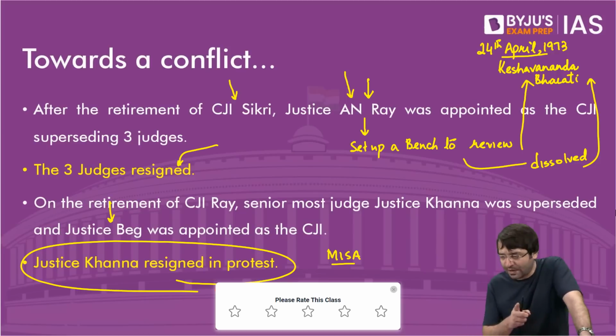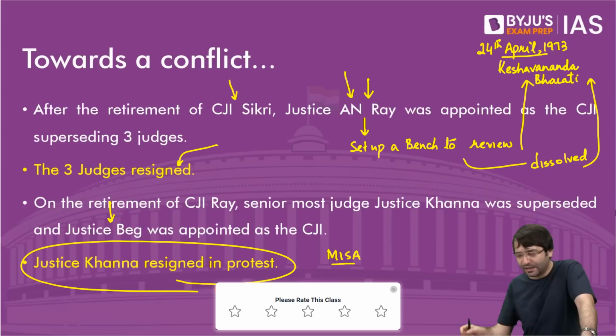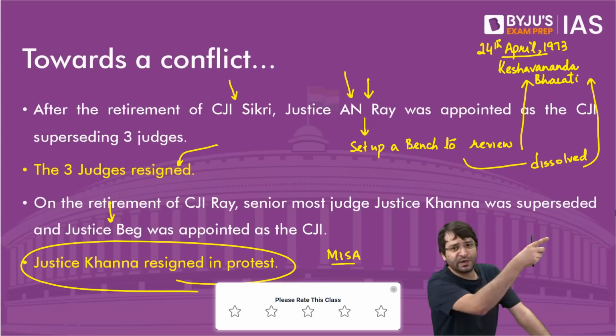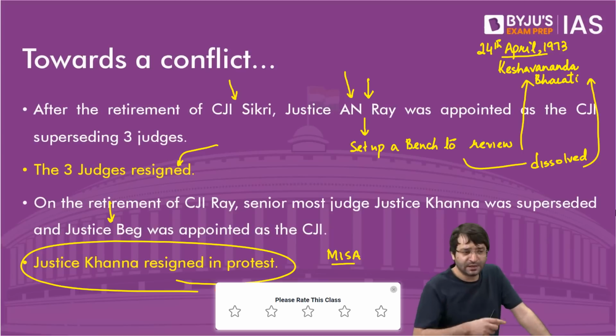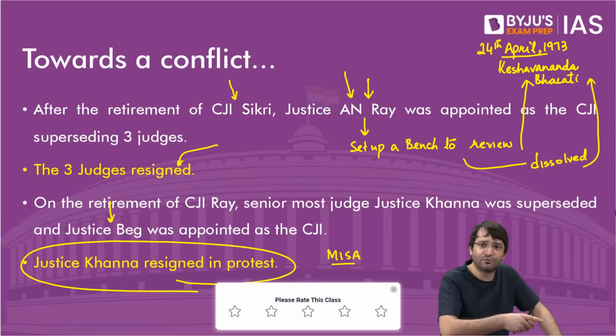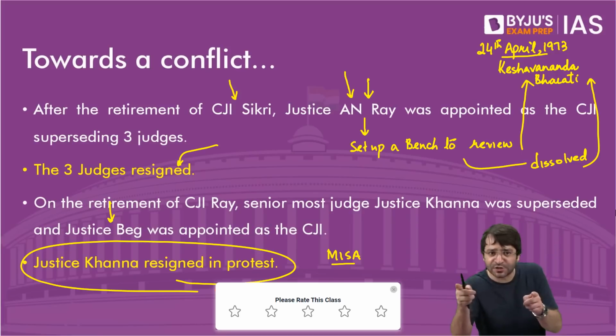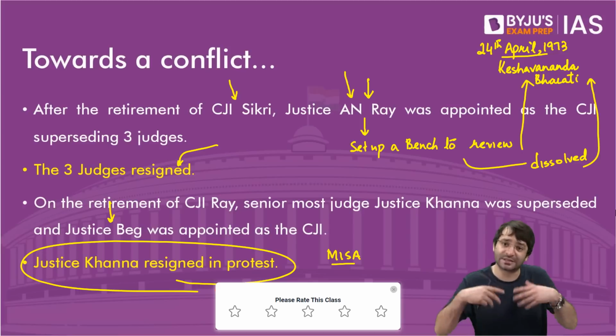What I will do, I will ask the ruling party at the center, can you please transfer that judge? That judge of the Allahabad High Court was shifted to Manipur High Court. That judge from the Calcutta High Court was shifted to Madras High Court. That means transferring of the judges from one High Court to another High Court. This was also done to ensure that justice is delayed, justice is denied.